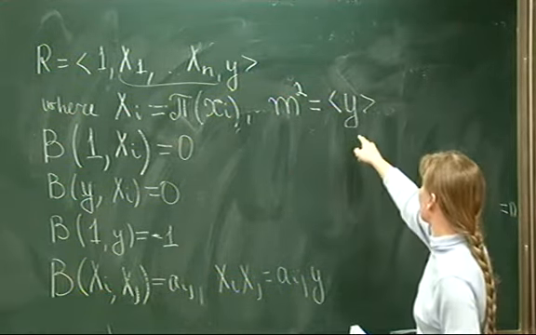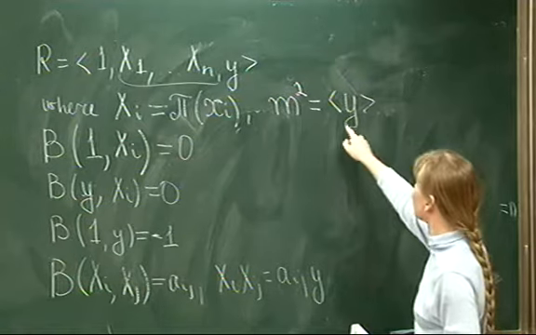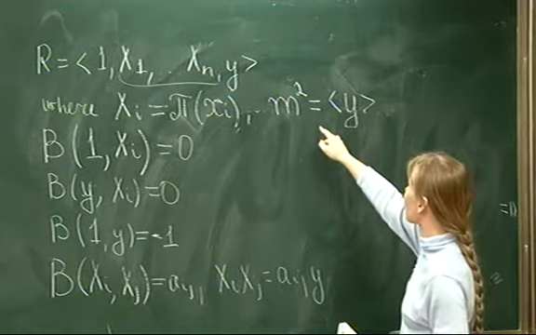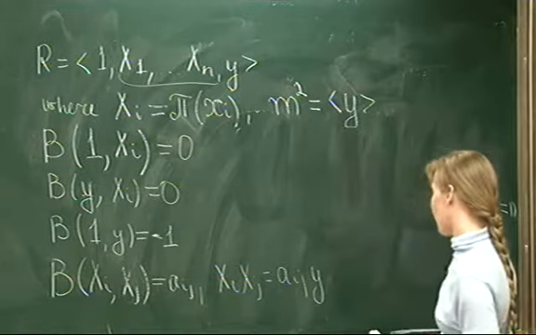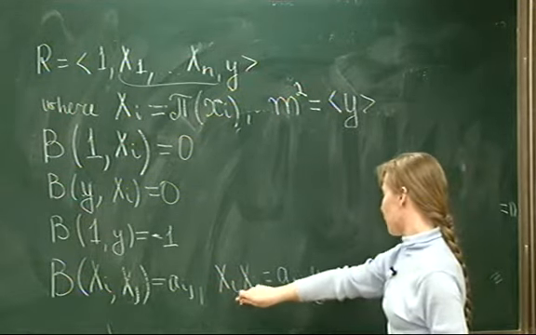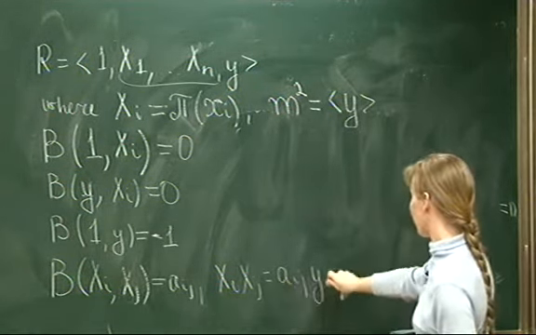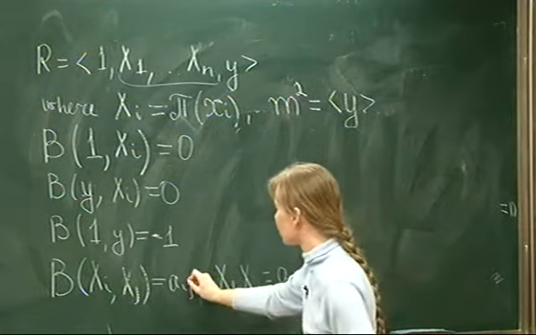Since y is the generator of m square, any multiplication should be of this form, and so we can define aij.